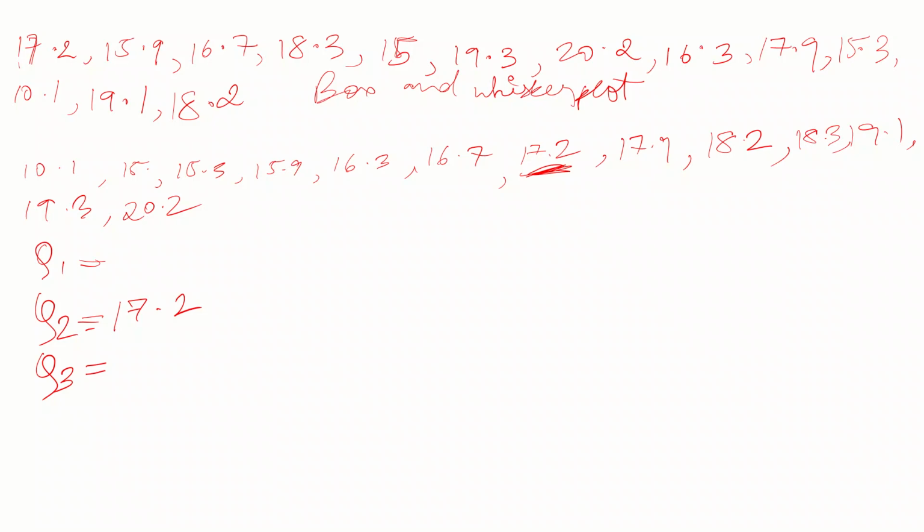Q2 is 13.7. Actually, this question was already discussed by Sir in the main lecture. I have these notes, and my question is: we have certain outliers in a box and whisker plot.